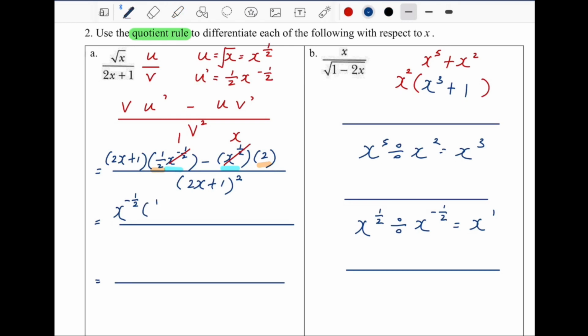So you're going to take out 1 over 2. 1 over 2 divided by 1 over 2, you have 1 left. 2 divided by 1 over 2, you have 4. Anything else to take out? Any highest common factor? No more. Can I take out 2x plus 1? No, because you don't have 2x plus 1 over here, or a multiple of 2x plus 1.